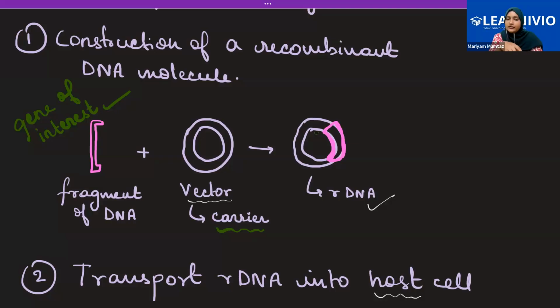You take the gene of interest, and when you add it into a carrier molecule, that is the vector, ultimately what you have is the recombinant DNA. Now this recombinant DNA has to be sent into the host cell in order to get the desired products.